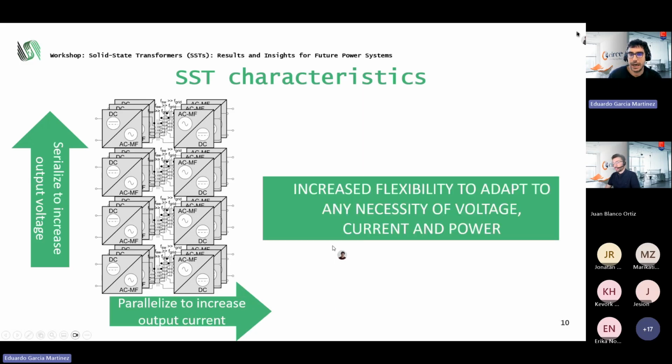So the SST is like a Lego piece that you can serialize or parallelize in order to reach the needed voltage, current, and power of the application, ideally.